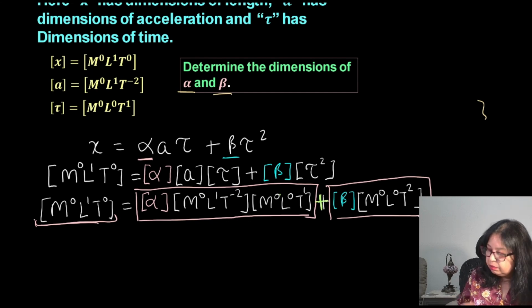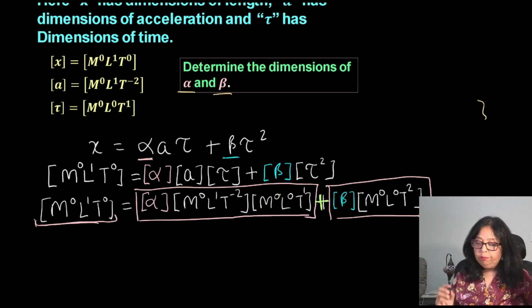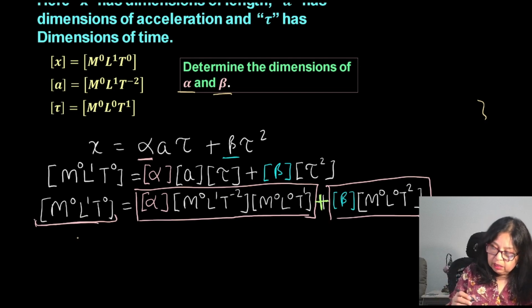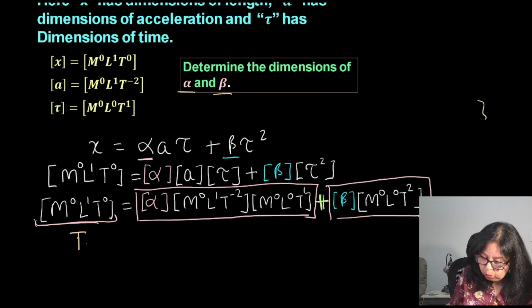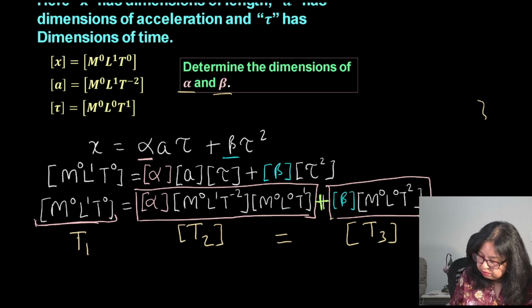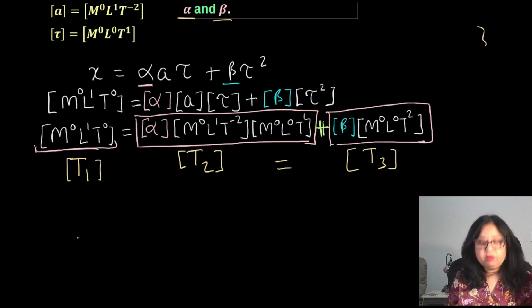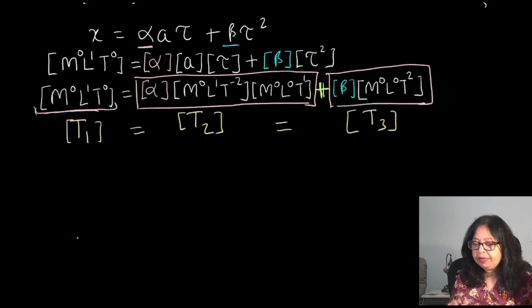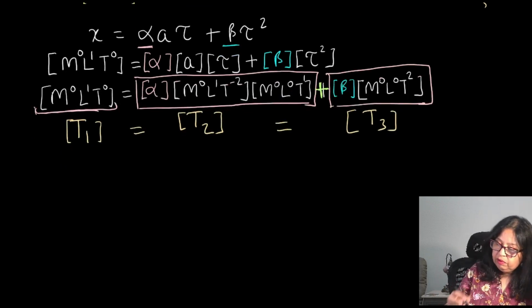From the principle of homogeneity, the dimensions of the first term, T1, T2, and T3 are the same. So I'm going to use this principle to solve for the dimensional formula of alpha and of beta. Let's solve for alpha first.